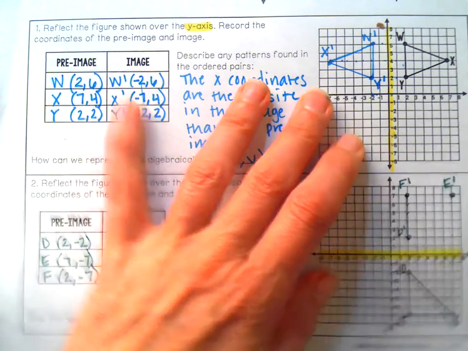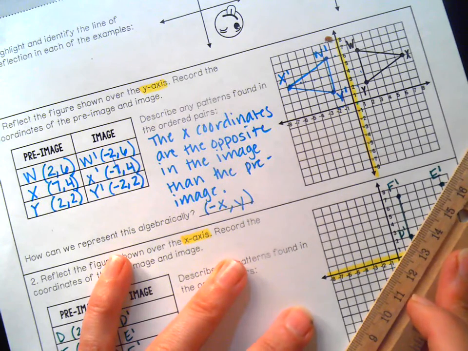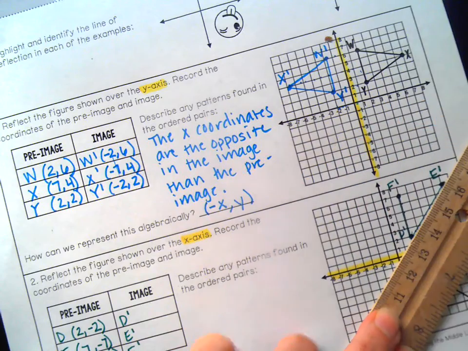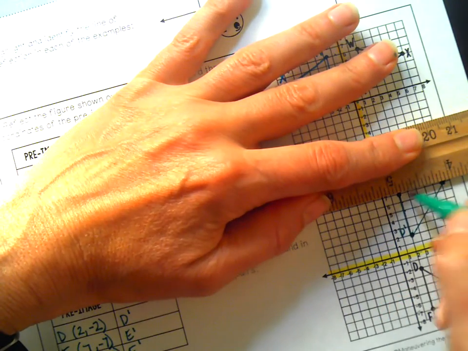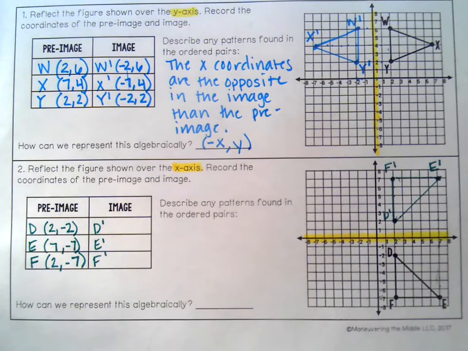And again, reflections are a transformation that does not change the size or the shape. The angles are the same, the side lengths are the same. It's the same triangle, but it's been reflected over the x-axis. So before, all my y's were negative.